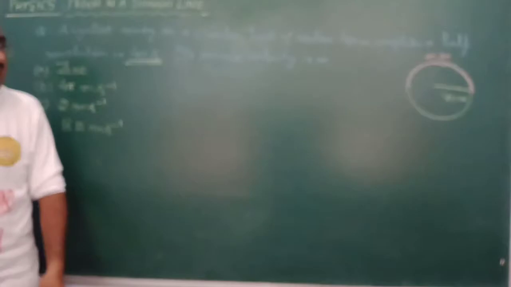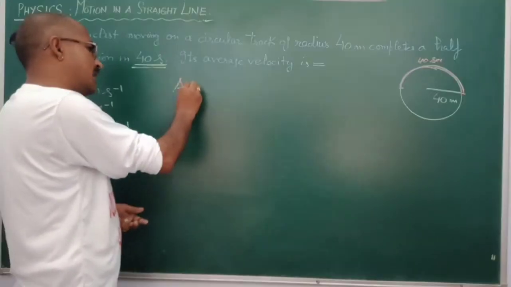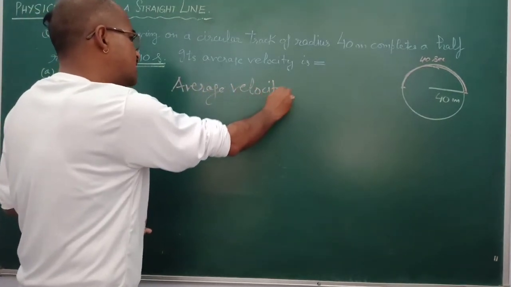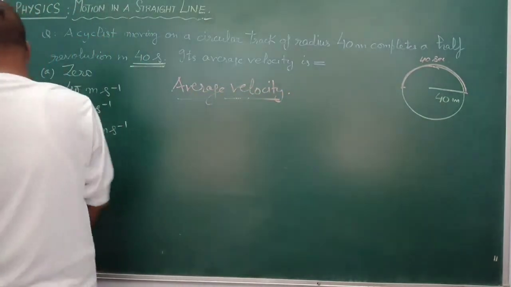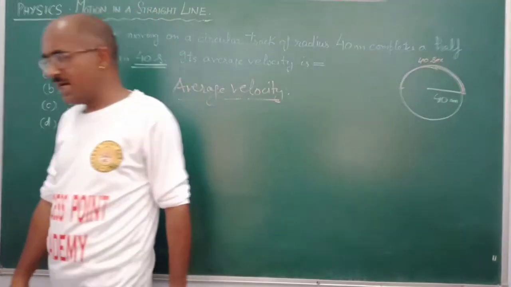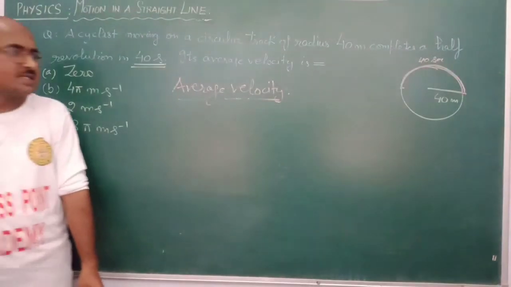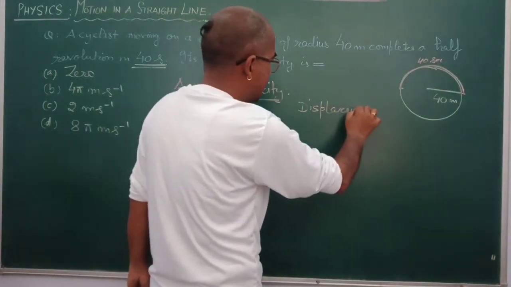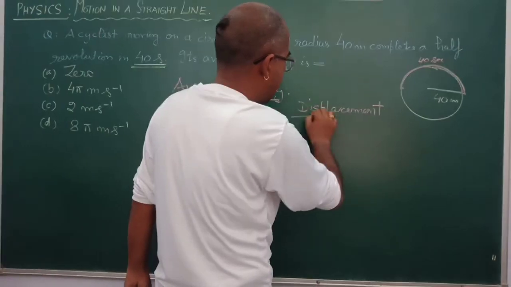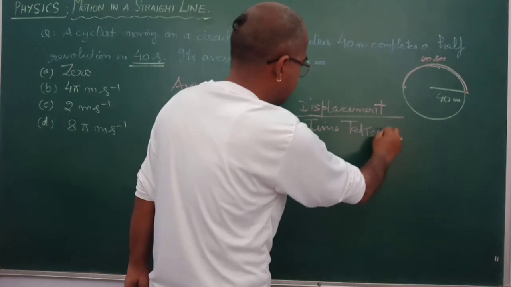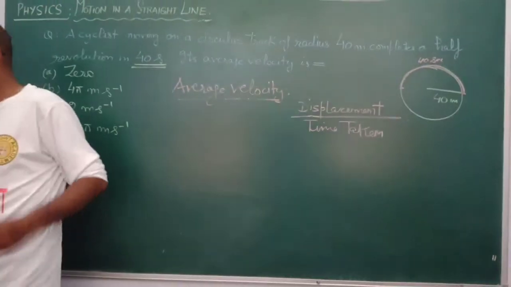First, they have asked to find the average velocity. So Shabash, tell me what is the formula for average velocity. Remember quickly. What is the formula for average velocity? I think it's very easy. It is displacement upon time taken. Very good.